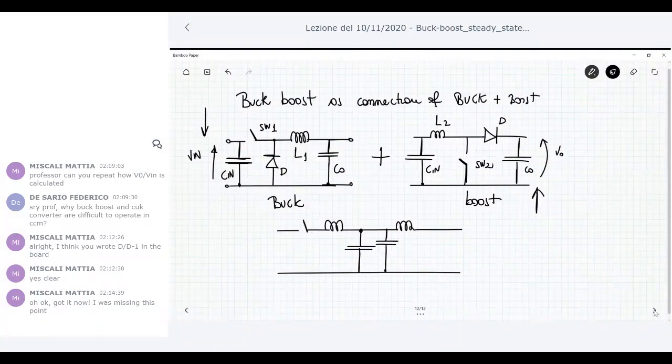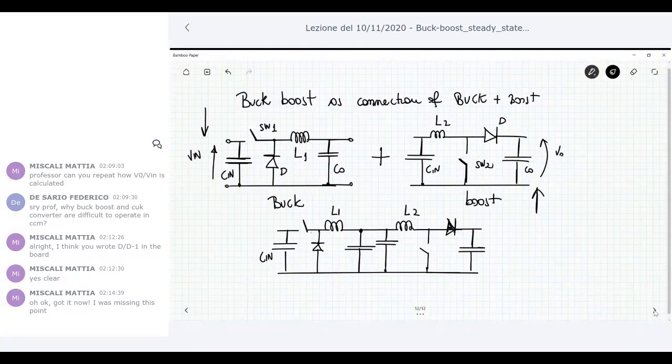So you have L1, L2, then you have C in, you have the diode, and C naught.